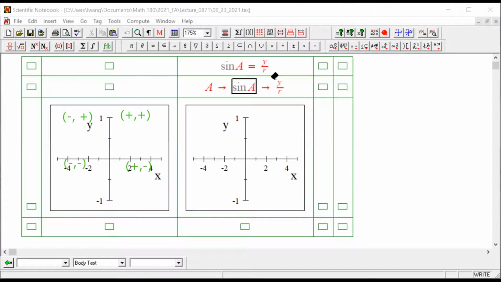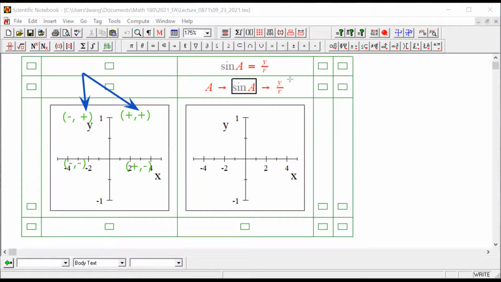I'm going to use the blue color, make it a little thicker. The y's in the first quadrant and the second quadrant are both positive. So that means y is positive, right?